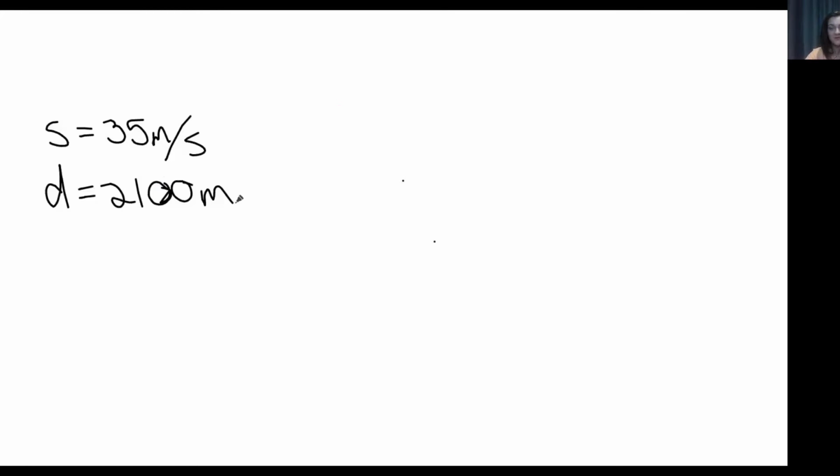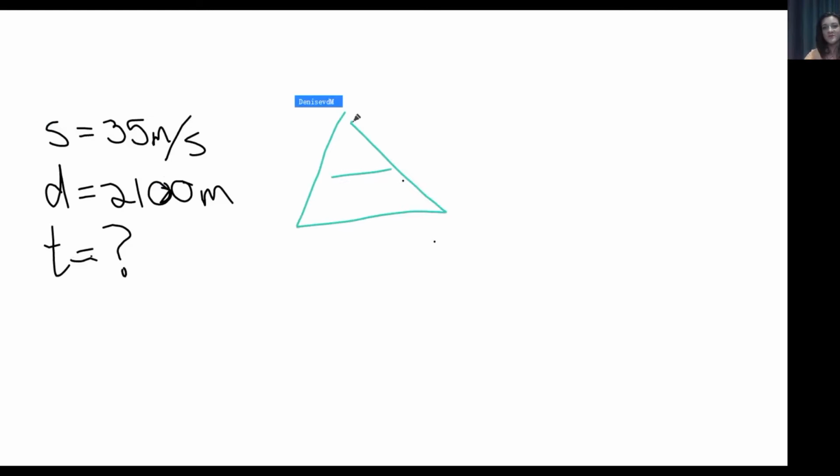And this time we're looking for what? Yes, time. All right, so time is the one we're looking for. Now, once again, we create our triangle so that we remember where everything is. Distance, time, and speed. And which one are we looking for? Time.